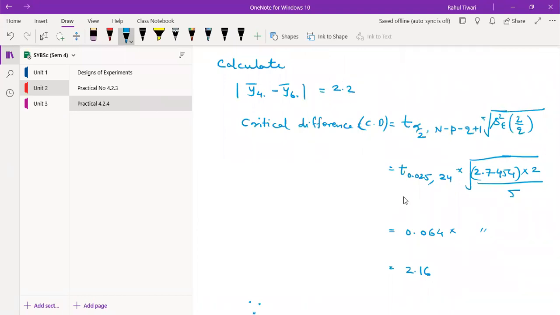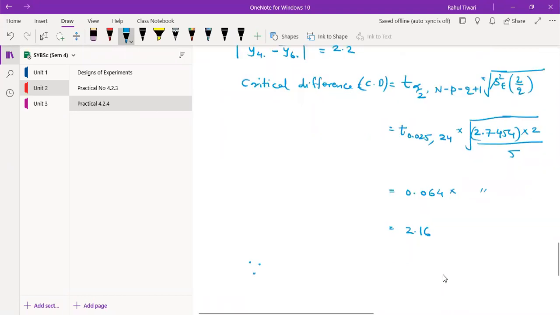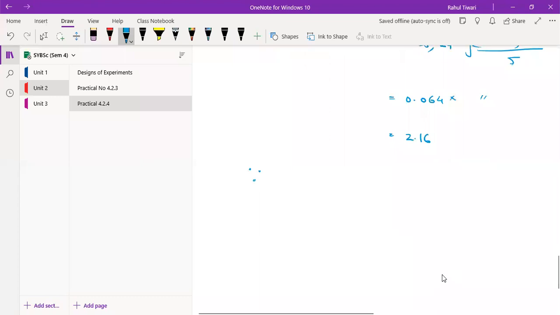But it is 2.2 and it is 2.1. So what is my decision criterion? What is my decision? Reject H naught if and only if y bar 4 dot minus y bar 6 dot is greater than CD. This was my decision.